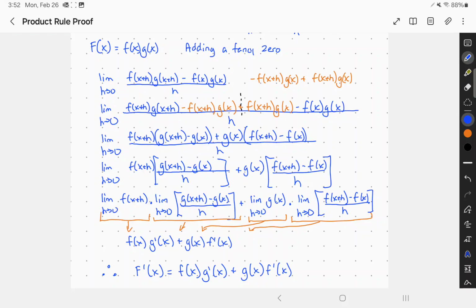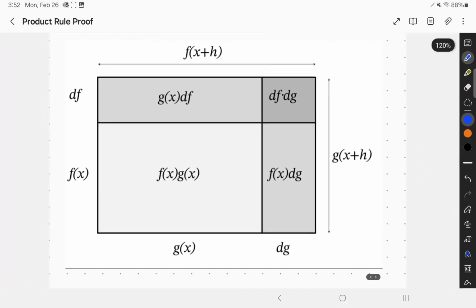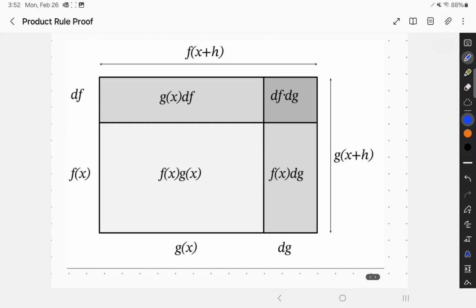There's one other way we can look at this, and this is a bit more hand-wavy, we'll say, but it is visual. So any product can be seen with an area. So we've got a couple of things here where we've got f of x and g of x. That is represented here as their product.